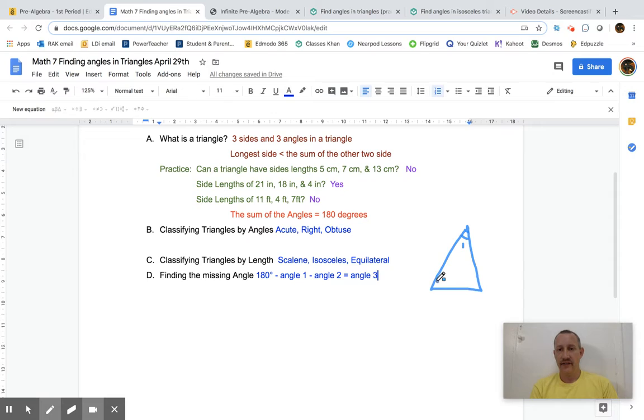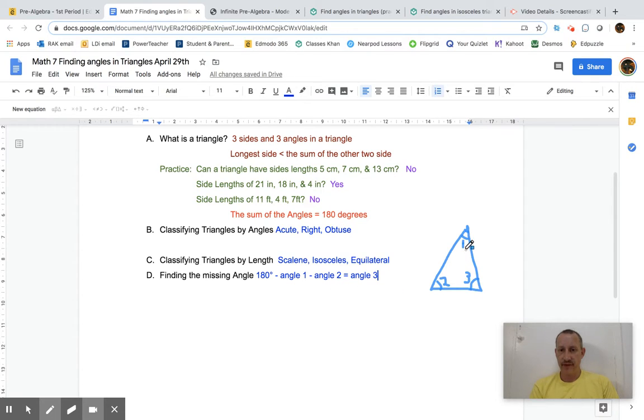Over here, you have angle 2. And over here you have angle 3. Normally they would use A, B, or C, or alpha, beta, and theta, some kind of Greek symbols. But we're just going to call it 1, 2, and 3 to make it easy. So all three of these equal 180 degrees.